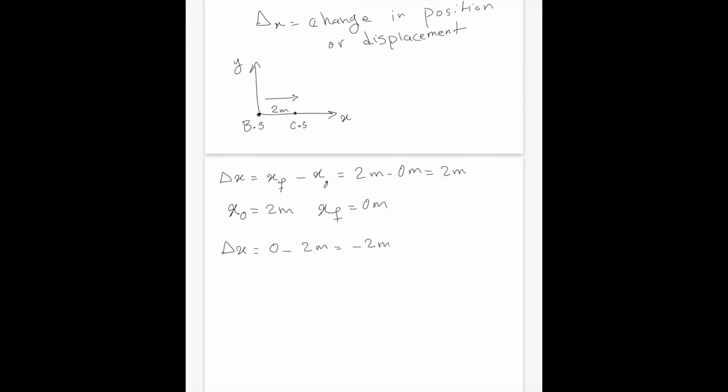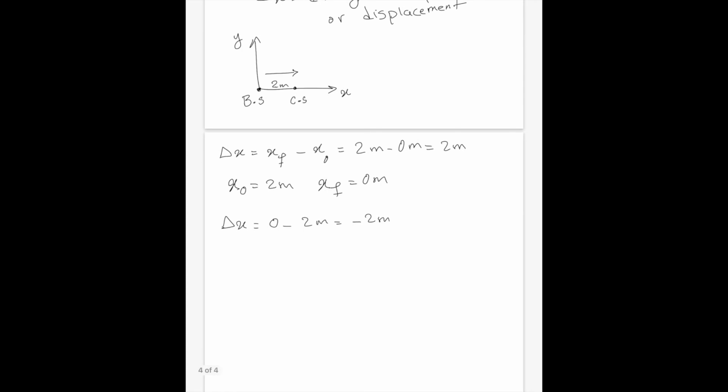For example, the distance between the coffee shop and the bus stop is always 2 meters. It doesn't matter if you go from the bus stop to the coffee shop or from the coffee shop to the bus stop, the distance between the two locations is always 2 meters.